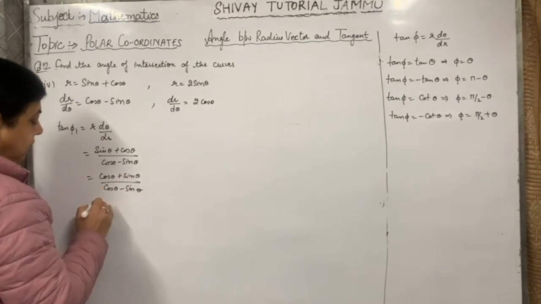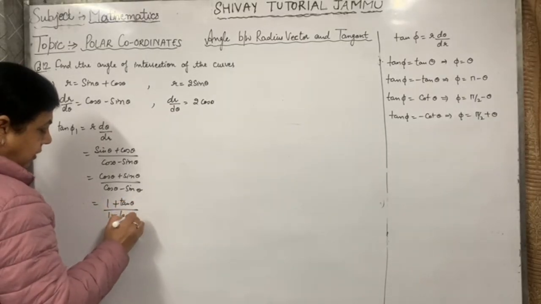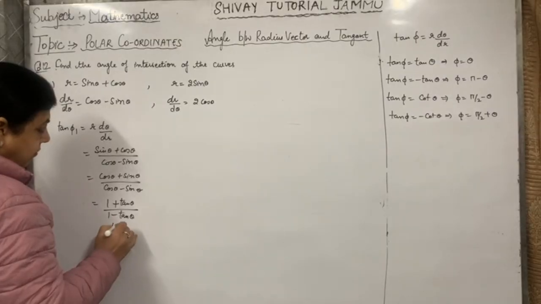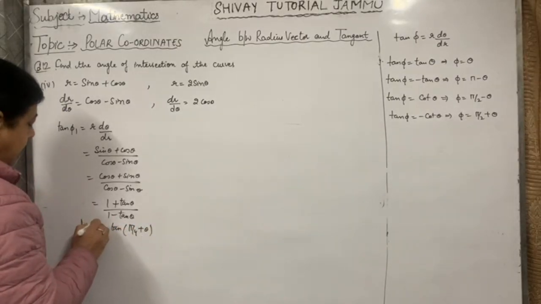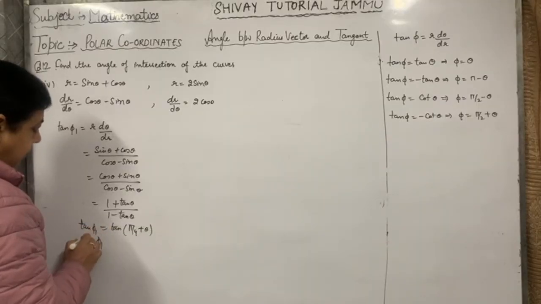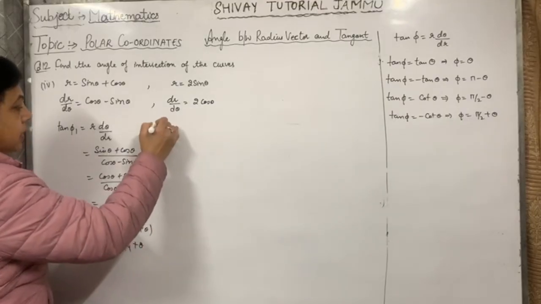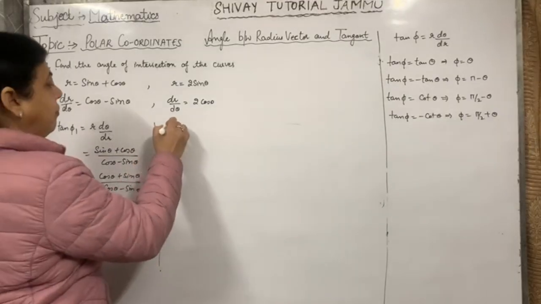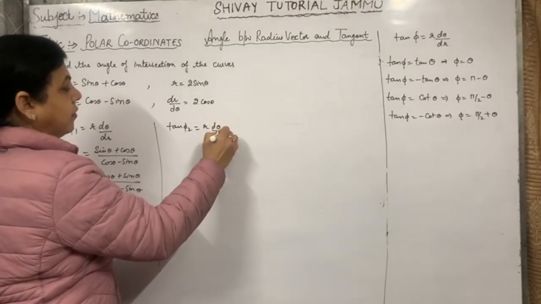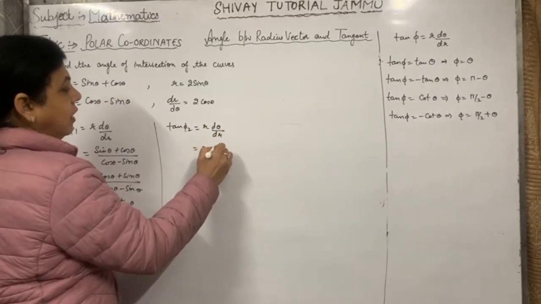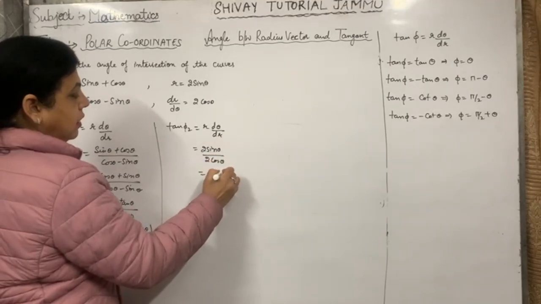We will divide each term by cos theta. We will get (1 + tan theta) upon (1 - tan theta). This is tan (pi/4 + theta). Tan phi 1, so phi 1 will be pi/4 + theta. And tan phi 2 is r d theta by dr, 2 sin theta upon 2 cos theta, which is tan theta.